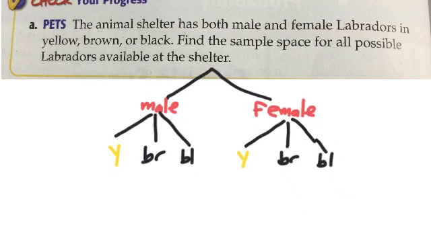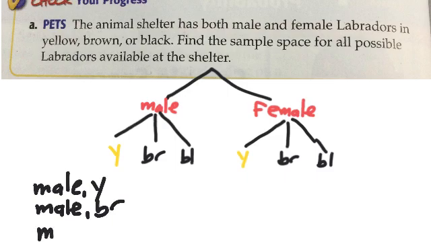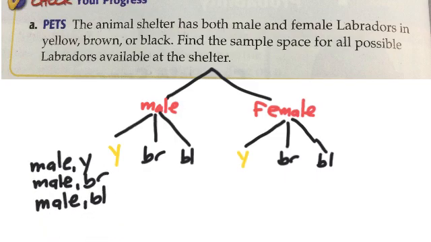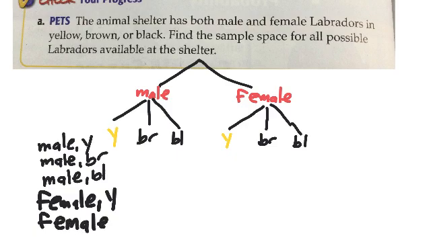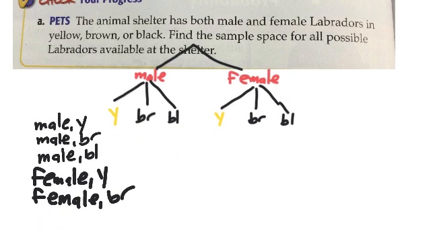And then when we list the sample space, you could have had male yellow, male brown, male black, female yellow, female brown, and female black.